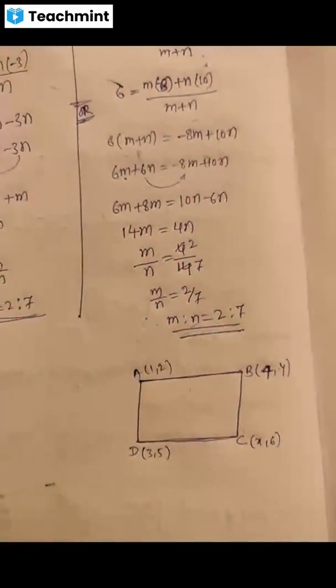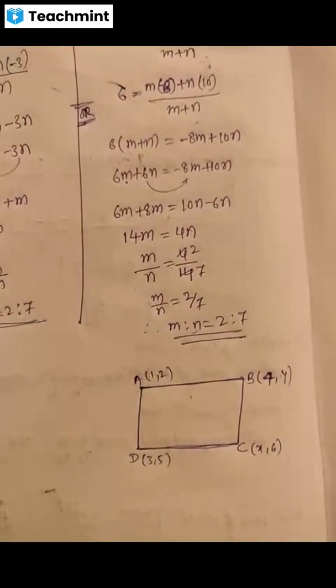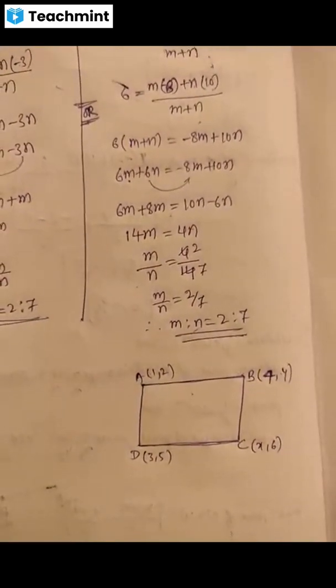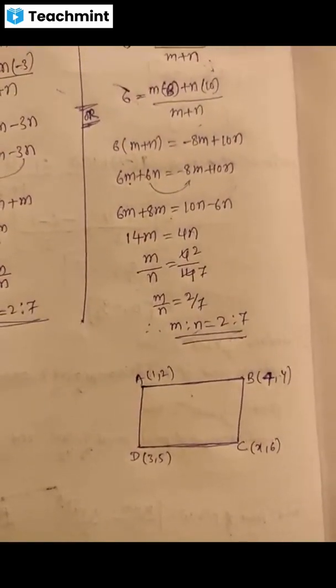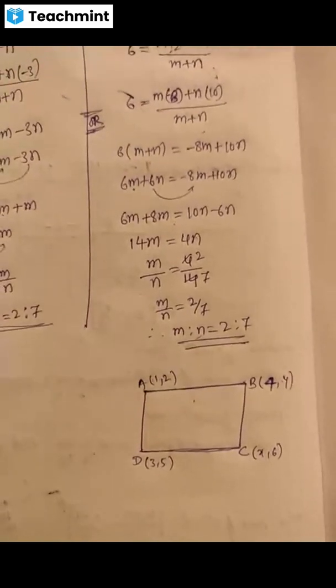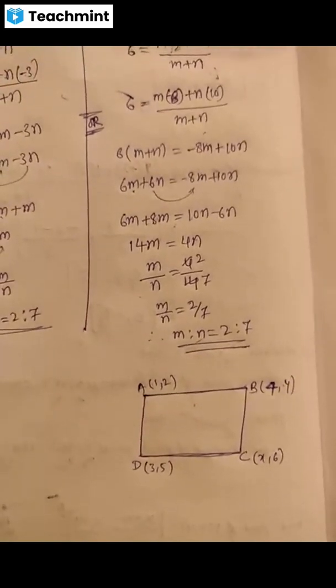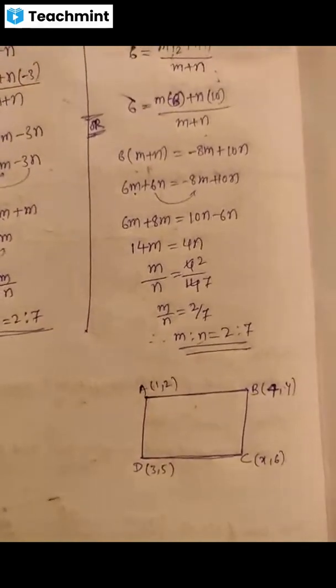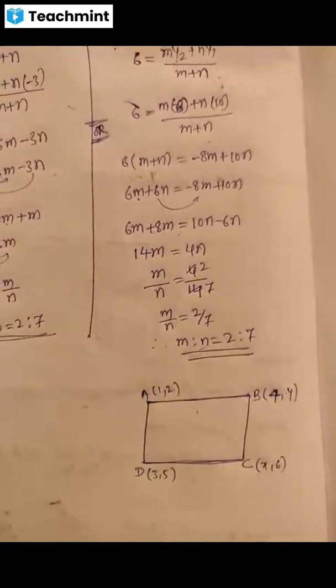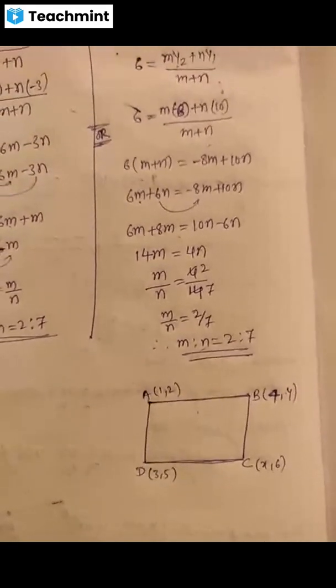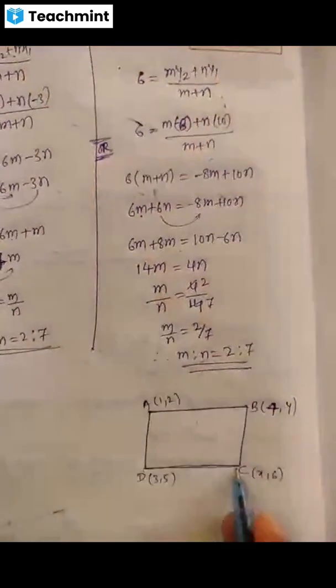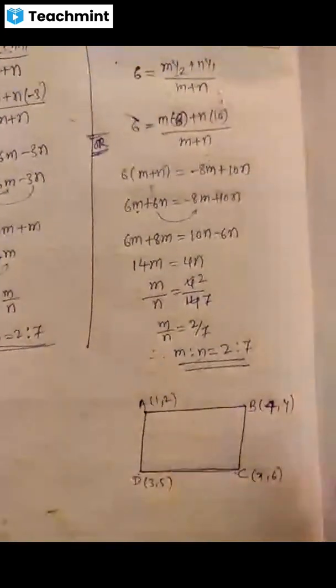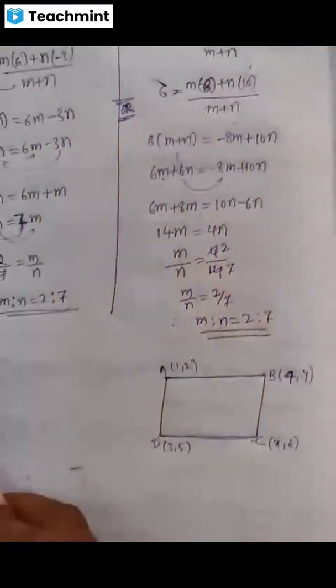Why? Not two sides, opposite sides. You must say opposite sides in a parallelogram. The property of a parallelogram says that opposite sides of a parallelogram are equal. So AB and CD are the opposite sides of a parallelogram. Therefore, they are equal.